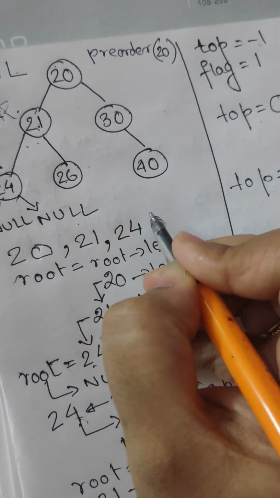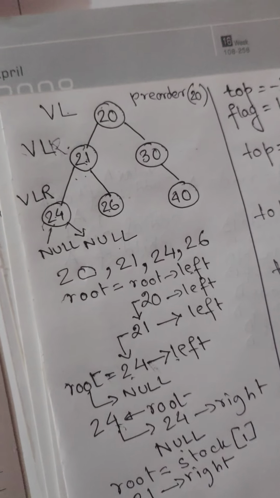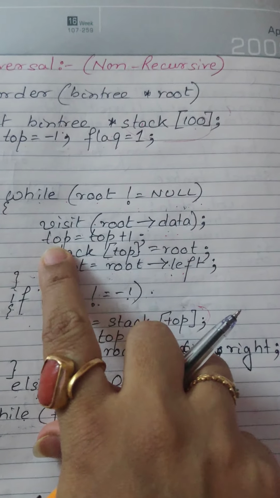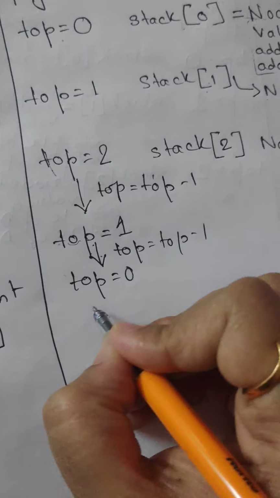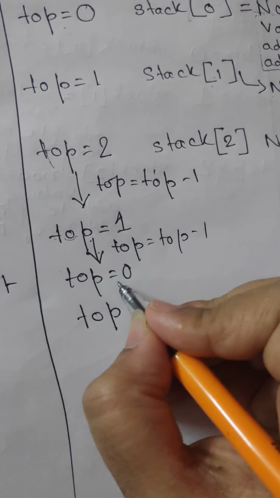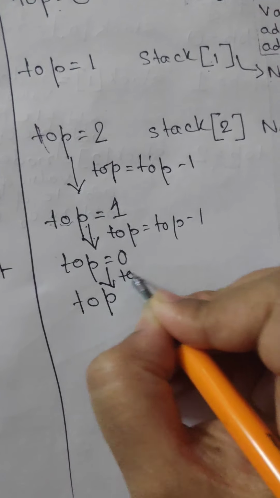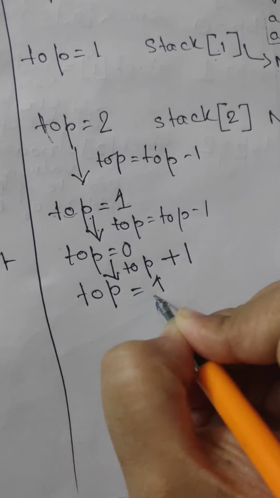So you visit 26. You visit the value of 26. Now after visiting the value of 26, you increase the top by 1 and put the root in stack top. So over here, top becomes top plus 1. So when top becomes top plus 1, top becomes 1 again.